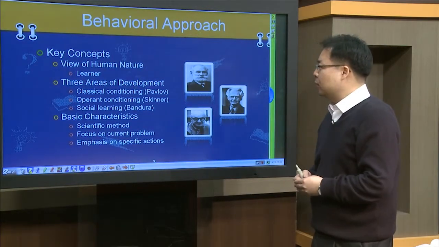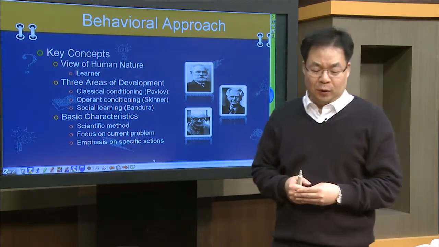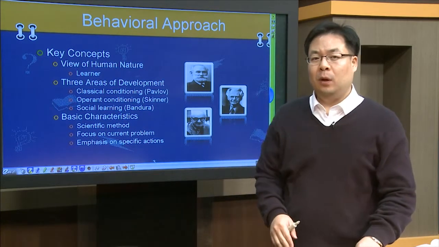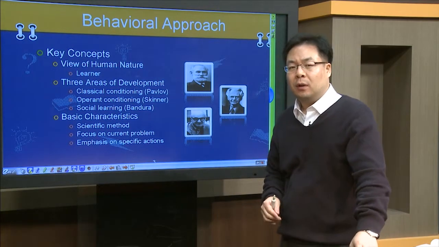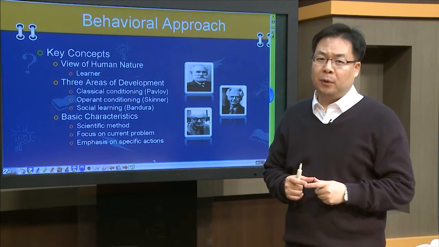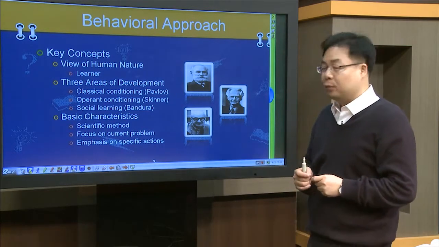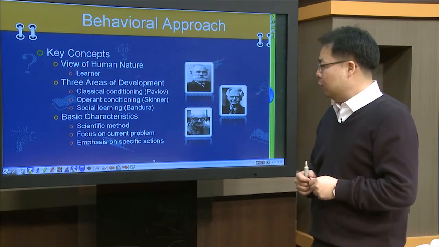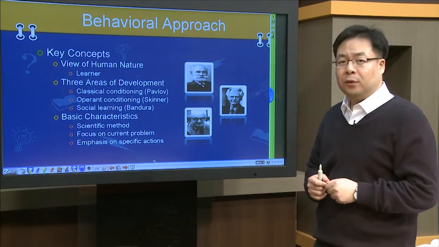Basic characteristics of the behavioral approach. The first one is the scientific method. Behaviorists conducted many different experiments to identify the principles of behaviorism. Also, it focuses on the current problem.